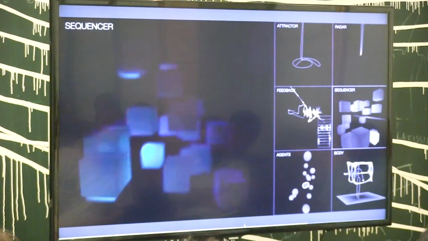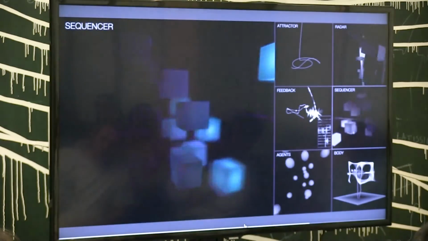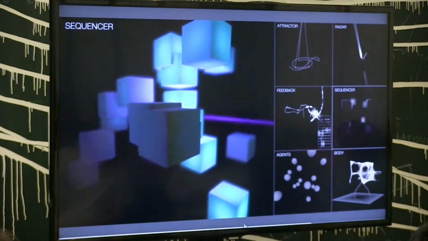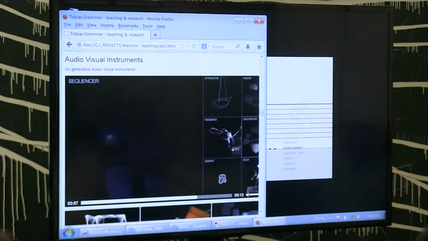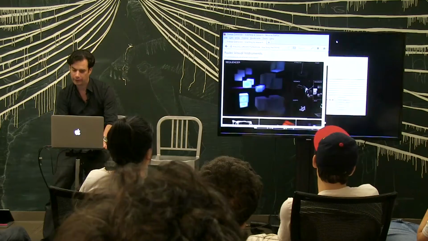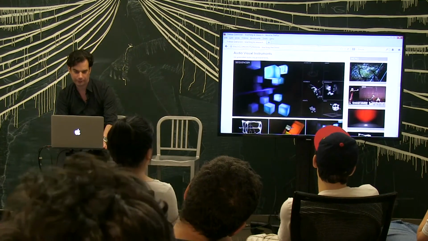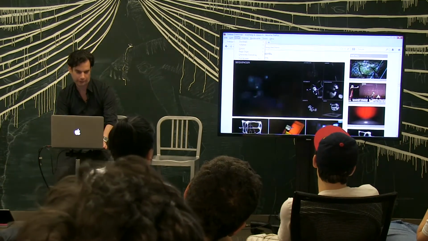I was also working a lot in this area of immersive systems, which I want to show now quickly, maybe in some projects.